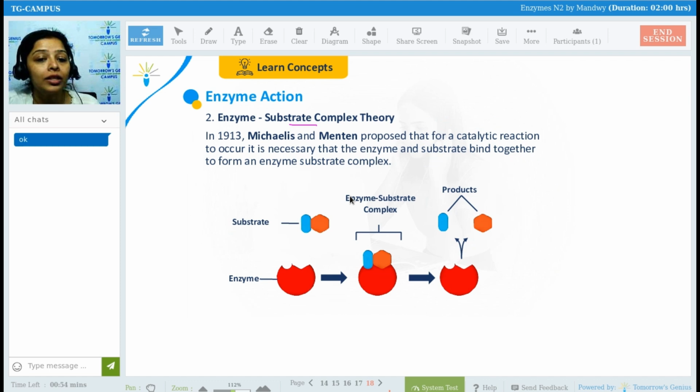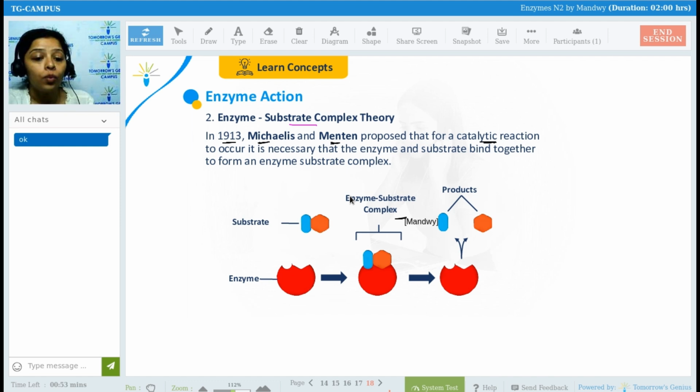Another theory is enzyme substrate complex theory, and this theory was given by Michaelis and Menten. They proposed this theory in 1913, and they said for any catalytic reaction to happen, it is necessary that enzyme will bind to the substrate and make a complex.